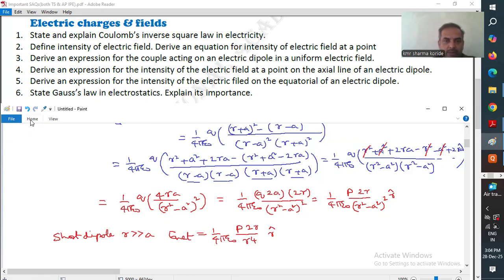So one R get cancelled, you retain with the R cube. So therefore final expression is 1 by 4 pi epsilon naught 2P by R cube with R cap.